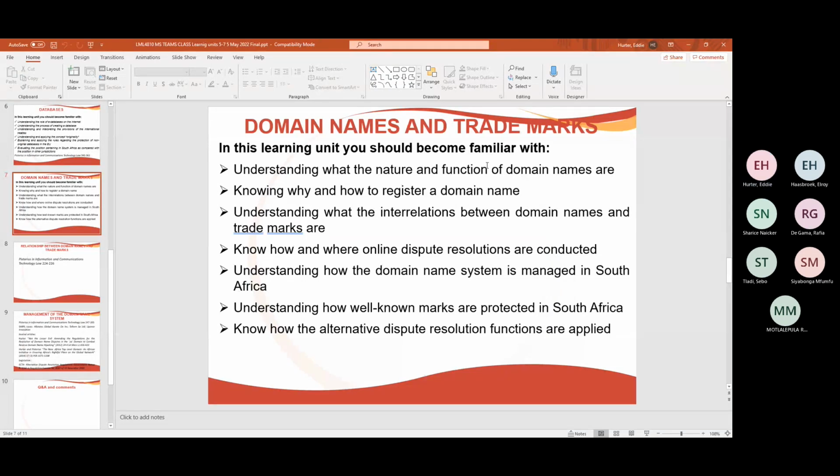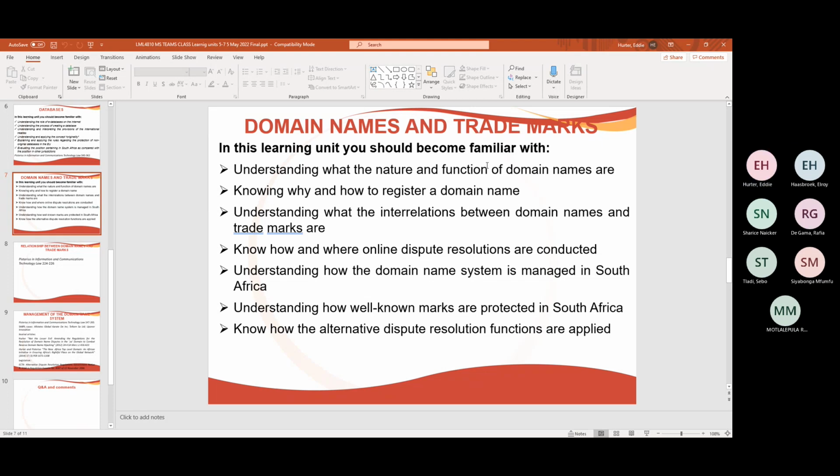But the problem is that the domain name network is a virtual network, and the trademarks regime deals with traditional, on-the-ground territorial trademarks.